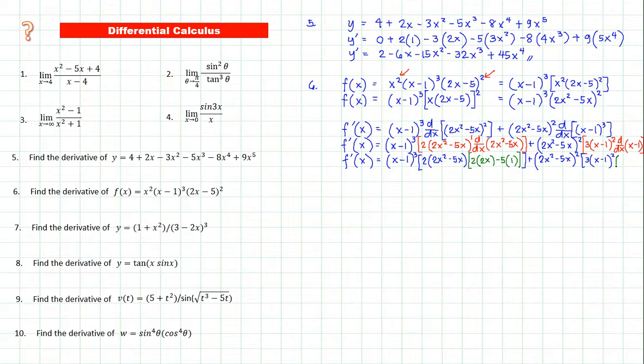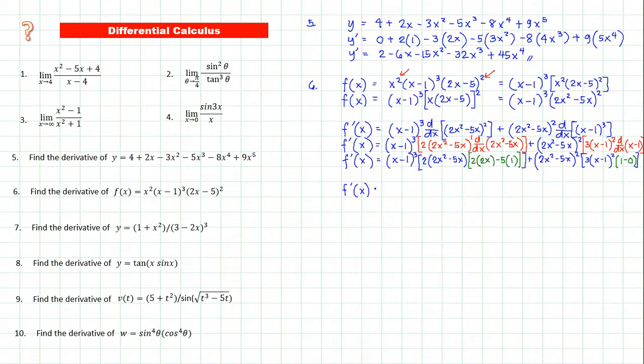Sagutan natin yan. Ang derivative ng x minus 1 ay 1 minus 0. Okay? So yan, wala na tayong derivative na nakikita dyan sa ating f prime of x. Pwede na nating i-simplify. Okay?